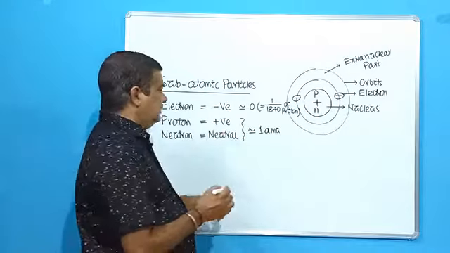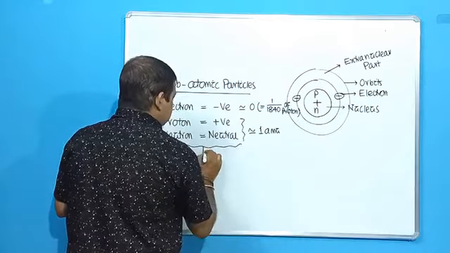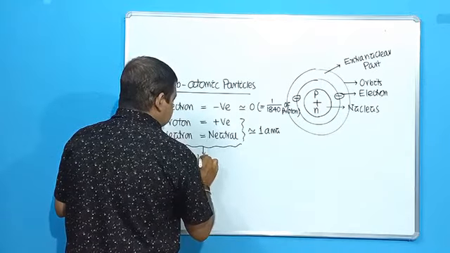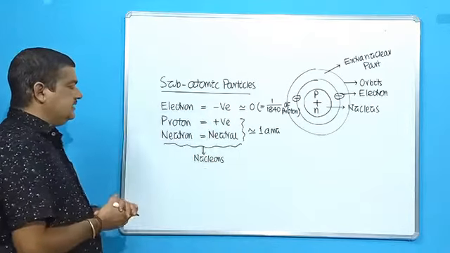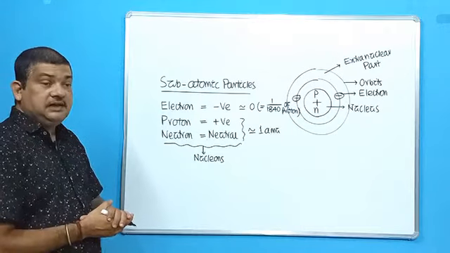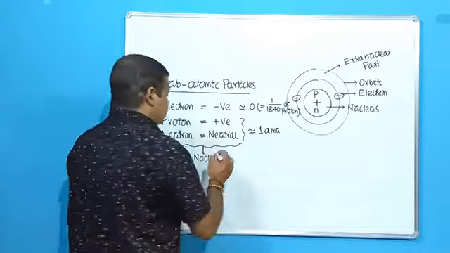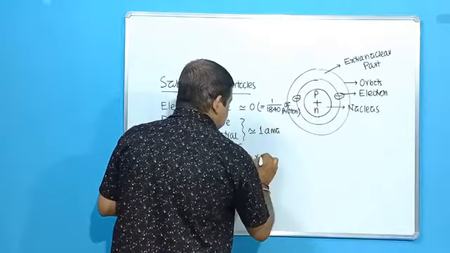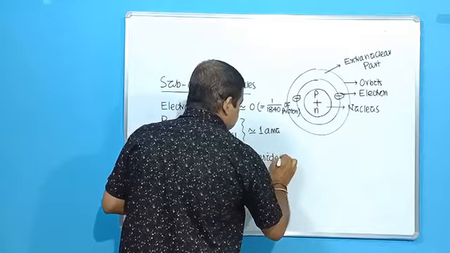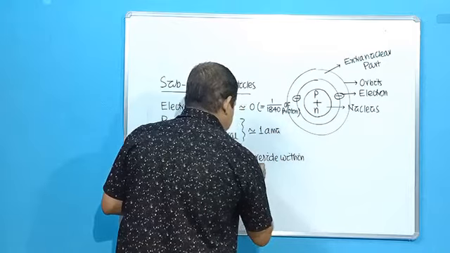Okay. So these two reside within the nucleus. These two are called nucleons. So protons and neutrons are known as nucleons. Nucleons means those which reside within the nucleus.